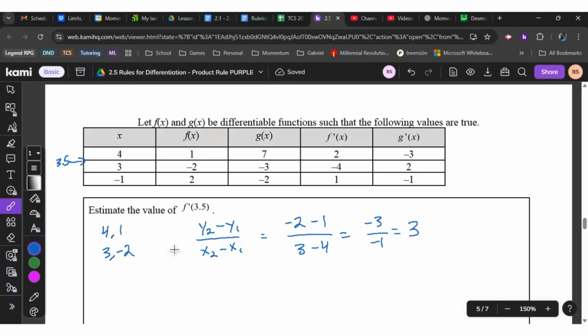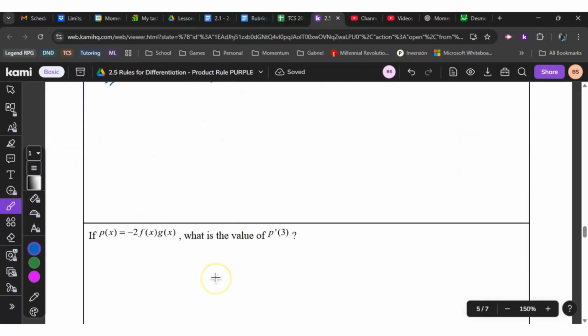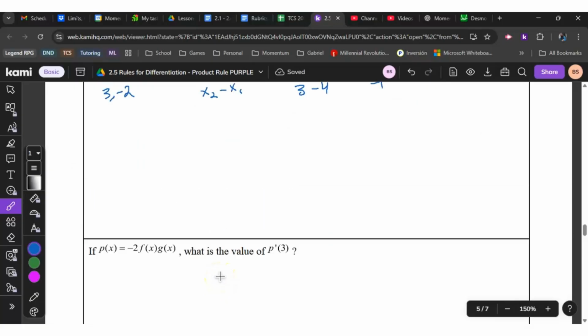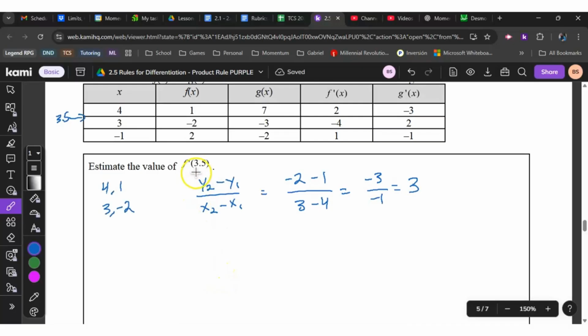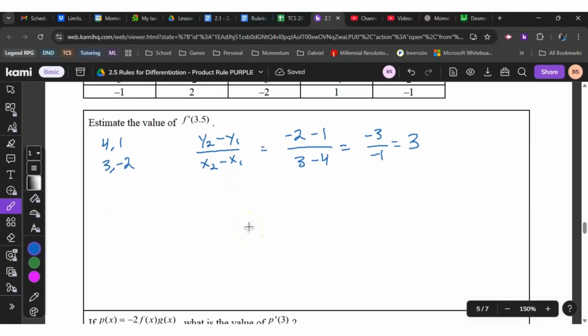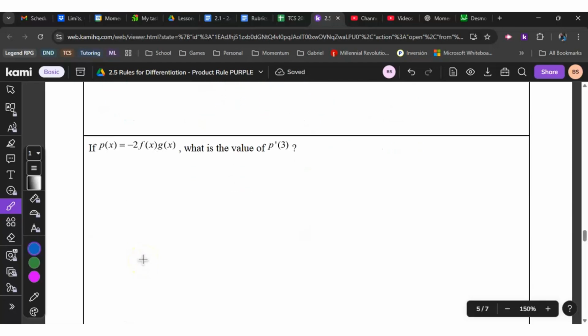So it's just 3. Done. And then what does that mean? That's just the approximate slope. So if you wanted to write a statement, you could say f prime of 3.5 is approximately 3.